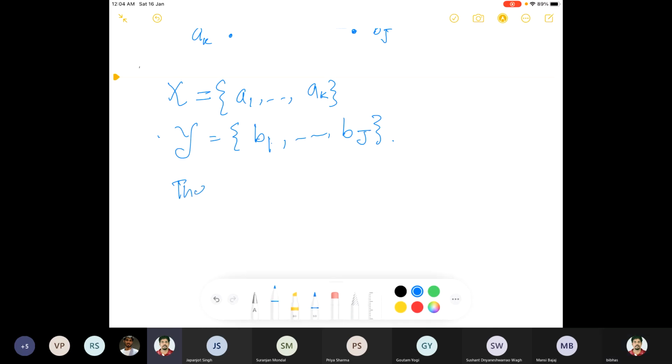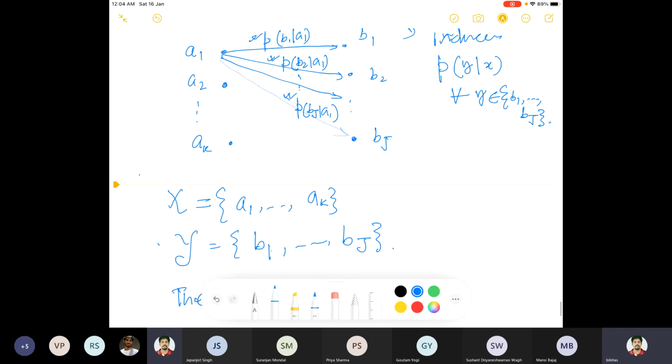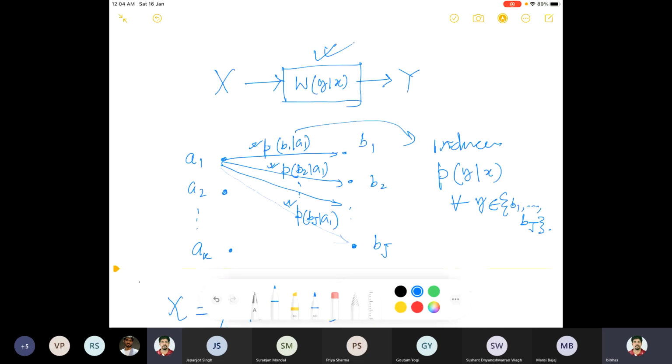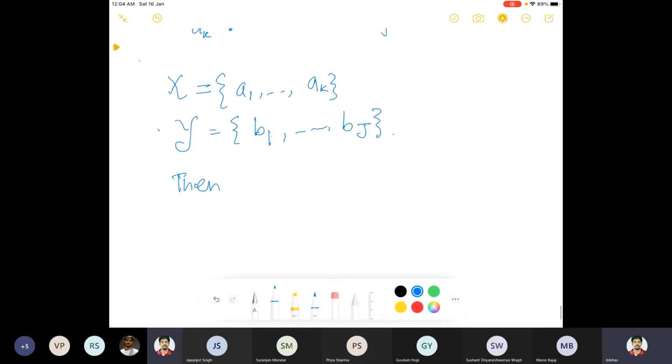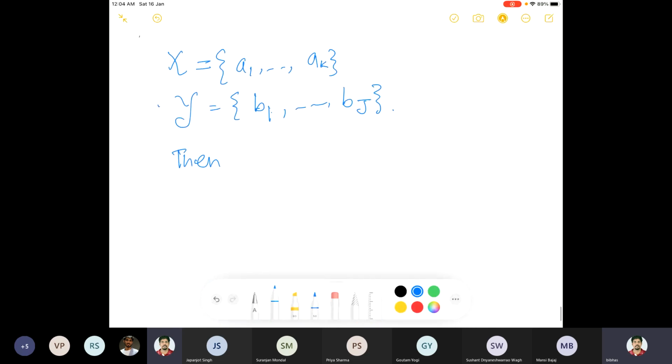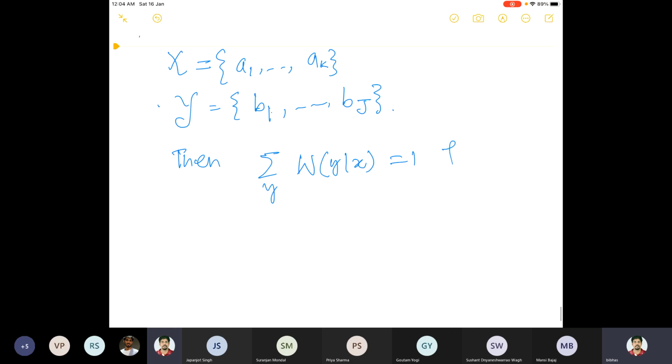Then what we are saying is that if we consider this as a channel, this W describes the channel, then the sum of W of y given x over all y is equal to 1 for any x. This is what we are saying.